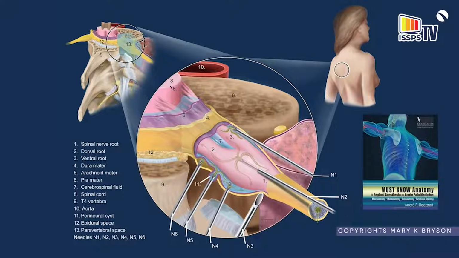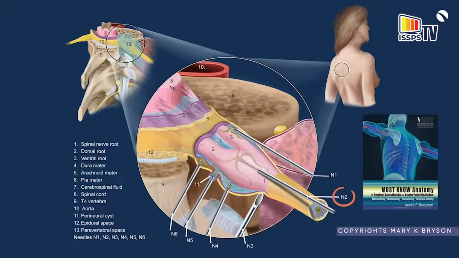We can reach the spinal canal by any of the 6 avenues shown here in this Mary Bryson drawing. N1 is a subarachnoid injection, typically steroids injected into the neuroforamen with no serious consequences.